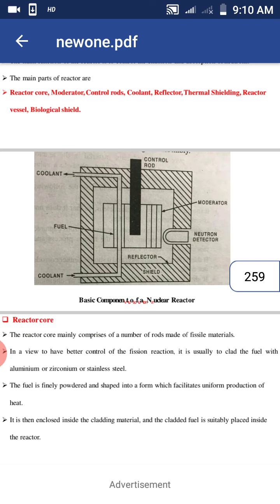Okay. Next comes the control rods. These control rods are used in the reactor vessel, along with the fuel rods and the moderator. They are used depending on the power requirement.